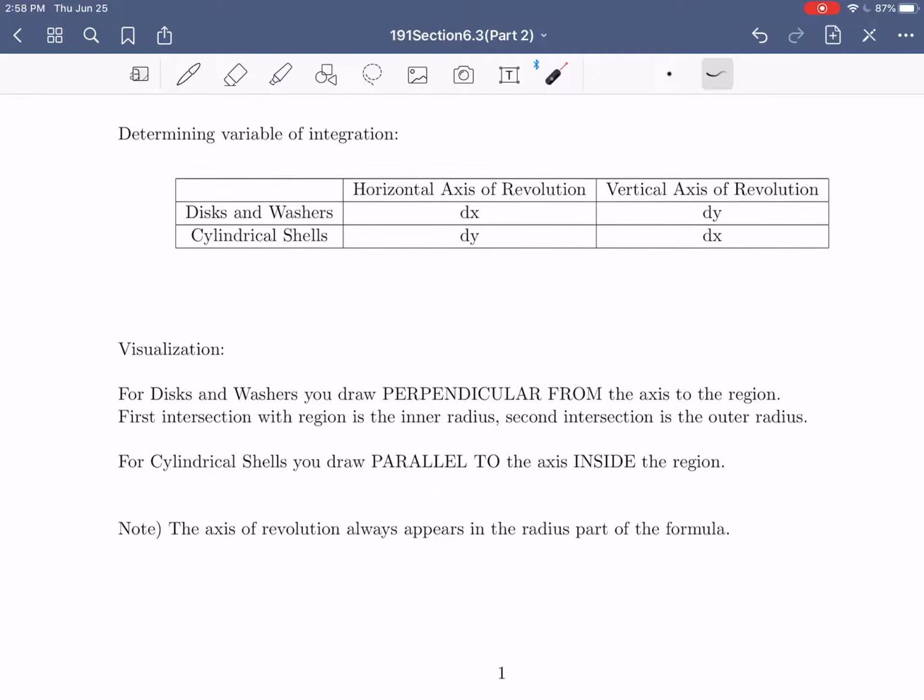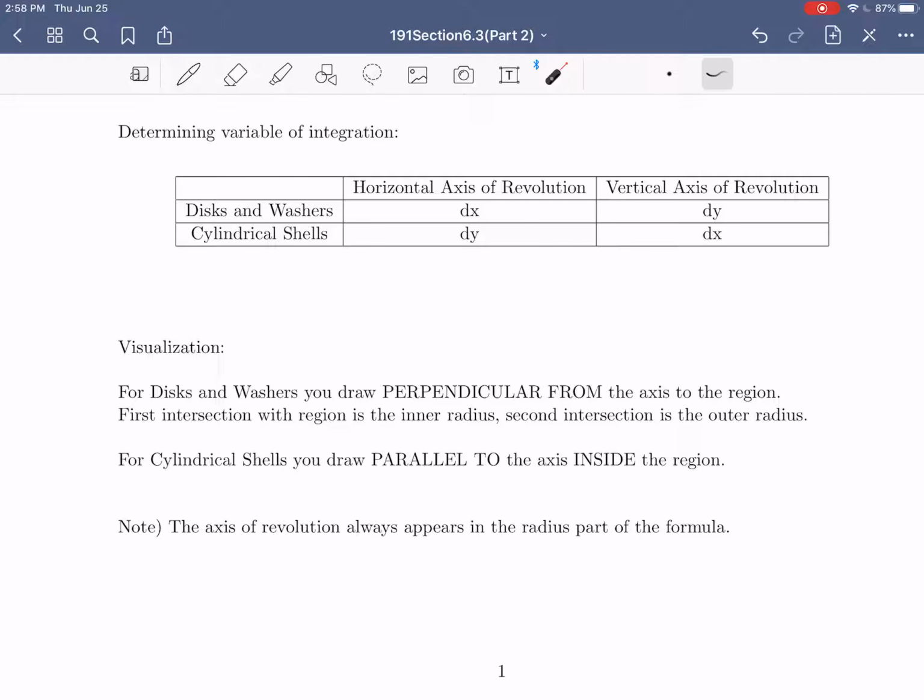Finally, as one computational note, which I think I've mentioned in several of the previous examples, the axis of revolution, whatever that axis of revolution is, will always appear in the radius part of the formula. Radius, in a more general definition, is measuring the distance to the axis of revolution.